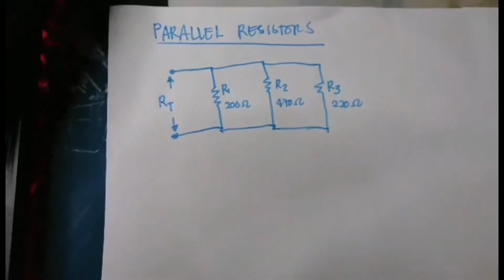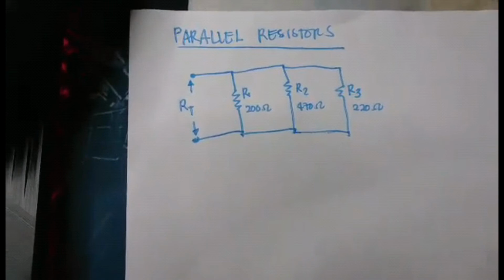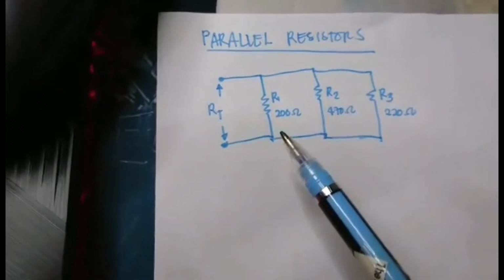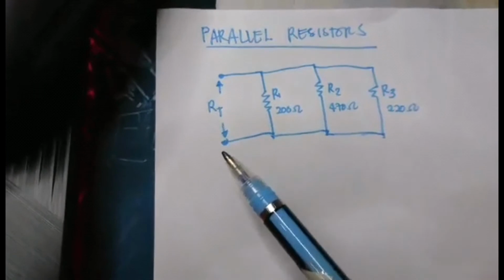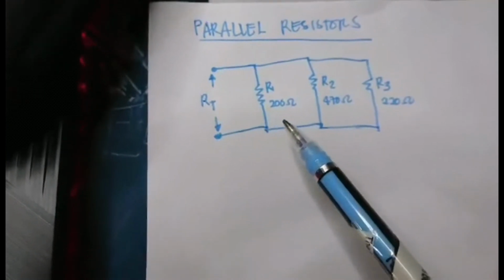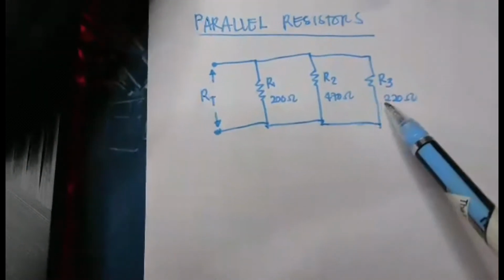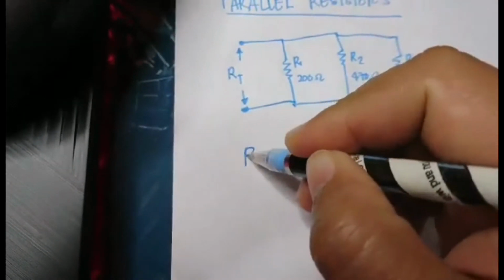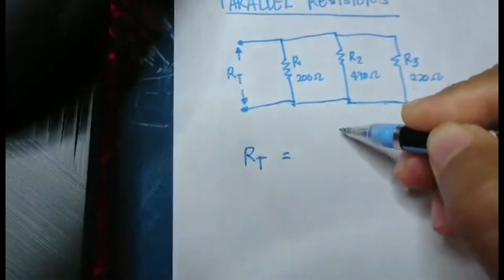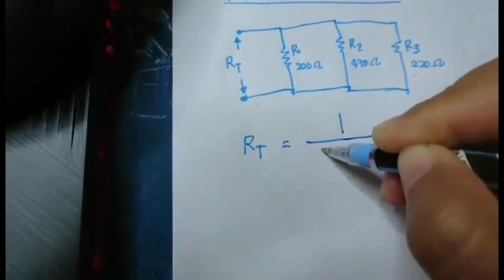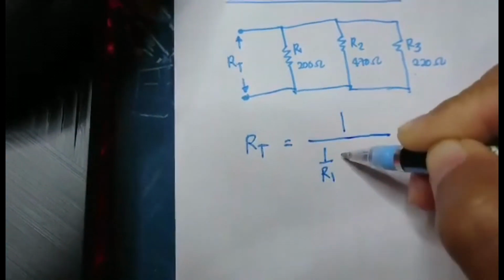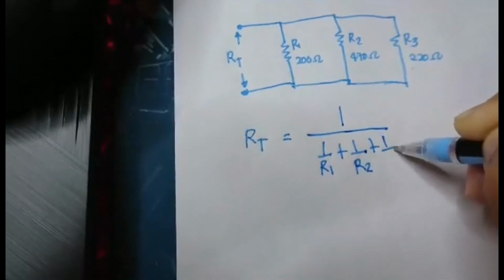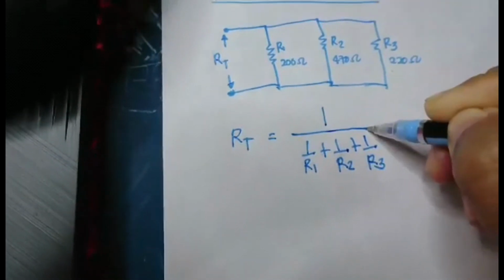So let's solve this in this bond paper. So I just rewrite the diagram. So we are looking for the total resistance. We have R1, R2, and R3 in parallel. So we use the formula. Total resistance is equal to 1 divided by 1 over R1 plus 1 over R2 plus 1 over R3.